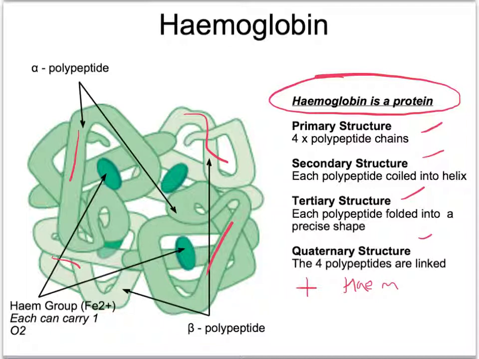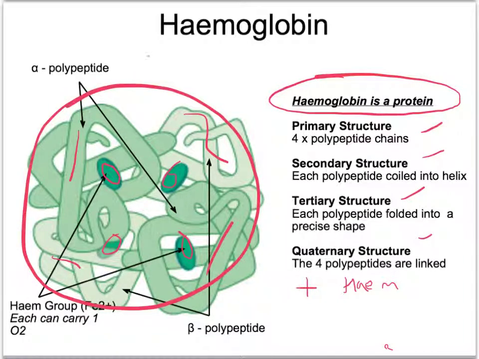Now the heme group is the bit that actually carries the oxygen. That's a ferrous group, it's got iron in it, and each one of these, there's one, there's another, there's another, and there's another, can carry 1 oxygen. So that's why each hemoglobin molecule, of which here is 1, can carry 4 oxygen.